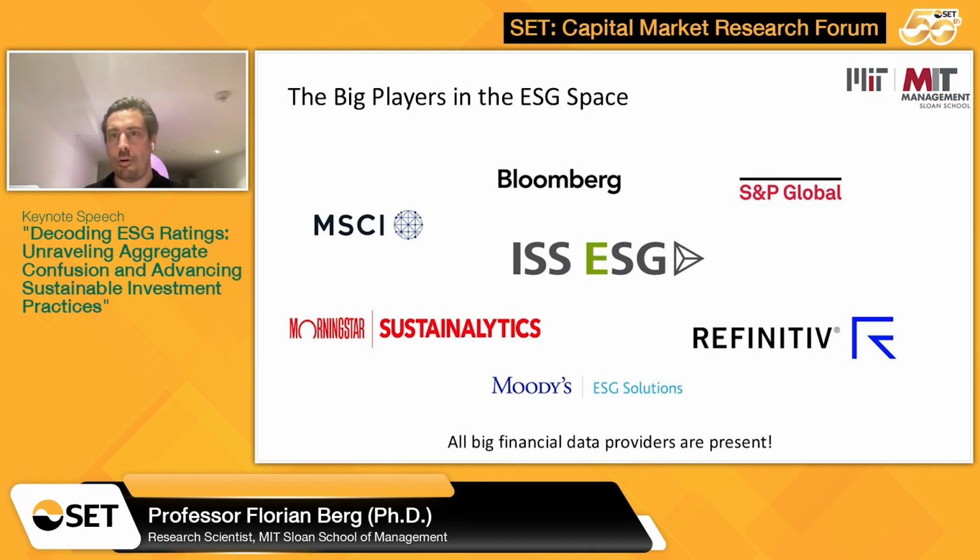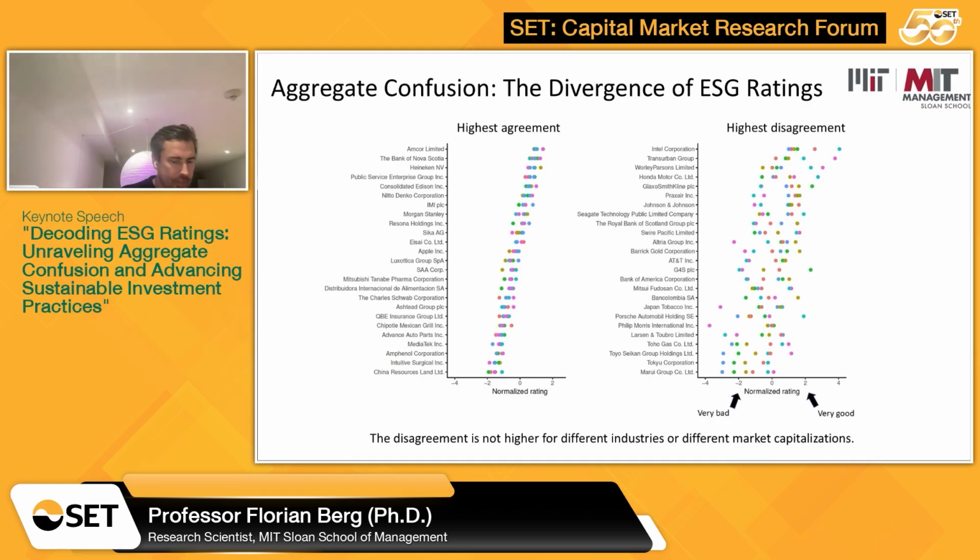But S&P Global bought RobecoSAM, Refinitiv bought Asset4, Moody's bought Vigeo Eiris, Morningstar bought Sustainalytics, ISS bought Ökom, and MSCI, through RiskMetrics, bought KLD and Innovest. Those ESG ratings differ a lot in terms of the topics they look at.